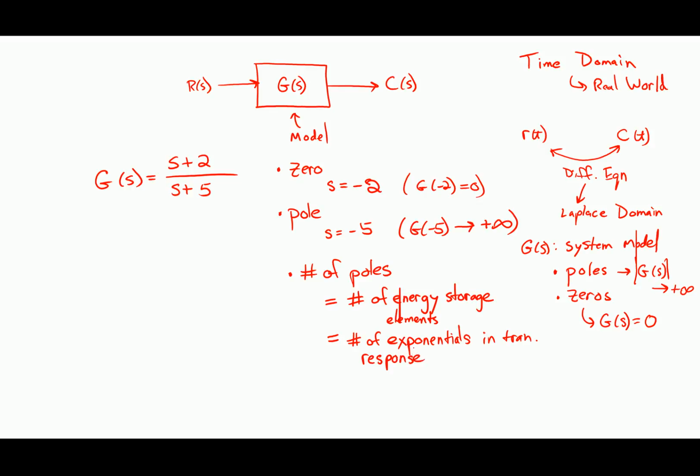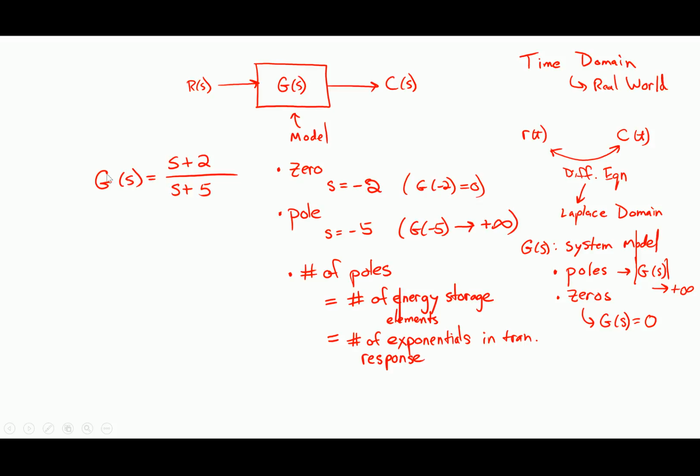Okay, let's keep that in mind. All right, the number of poles is always equal to the number of energy storage elements, and it's always equal to the number of exponentials in the transient response. Just a general concept that I want to look at.